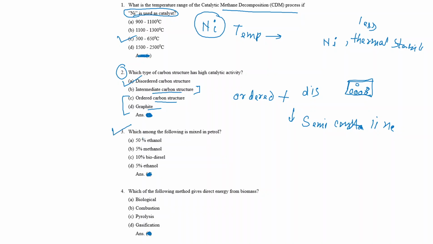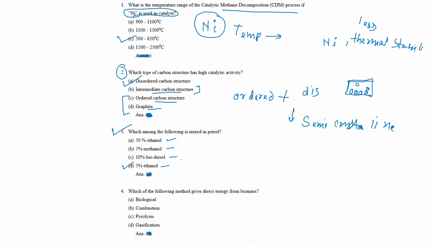Question number 3. Which among the following is mixed in petrol? 50% ethanol, 5% methanol, 10% biodiesel, or 5% ethanol? Exactly, 5% ethanol.